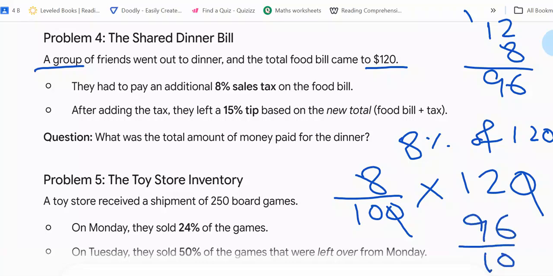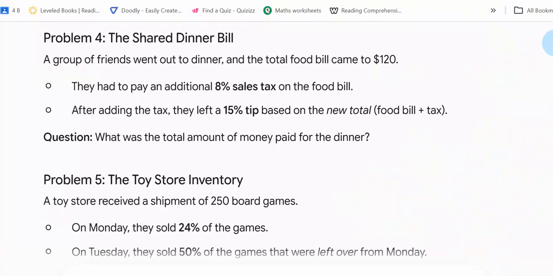96 over 10. So we can write it like this, 96 divided by 10. When we have to divide anything by 10, when there is no decimal in a number, the decimal is at the end of the number.